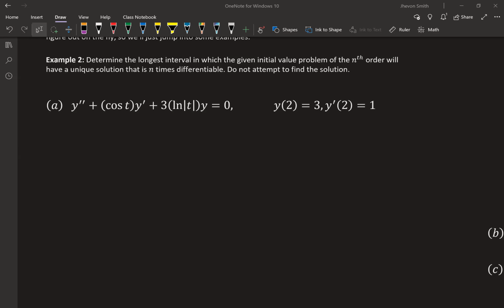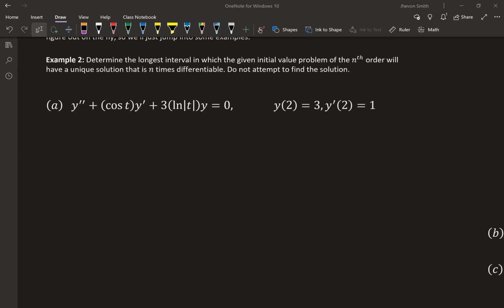Okay, maybe we can do this. Just tell me, based on what we've been covering over the past couple of days, the existence and uniqueness theorems. Just tell me in a sentence or a phrase where you would expect to be able to find a unique solution. If you were to describe in a sentence where someone would find a unique solution, what would you say? We have a second order linear ODE here.